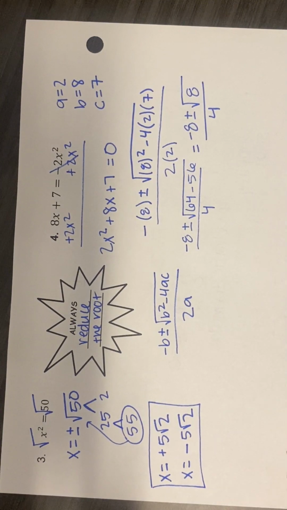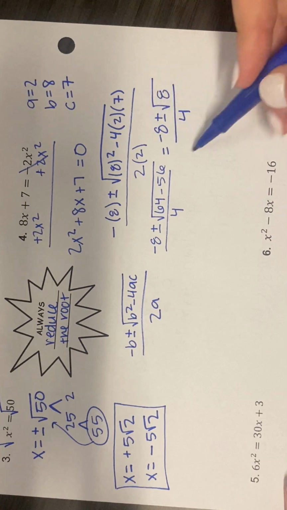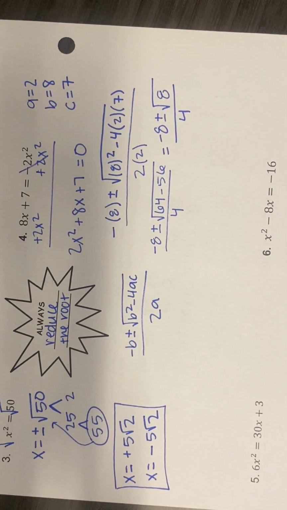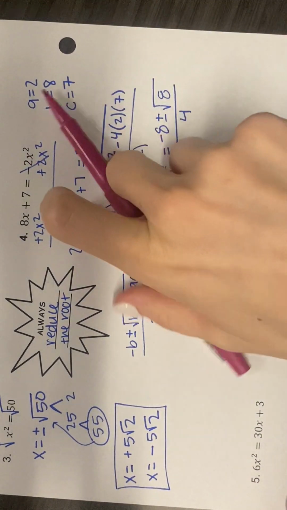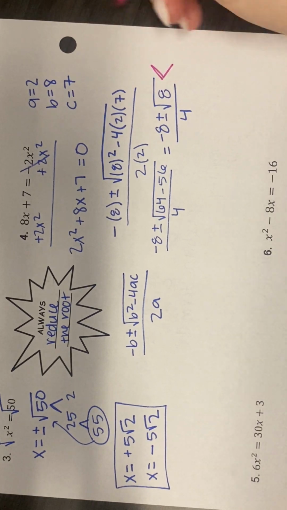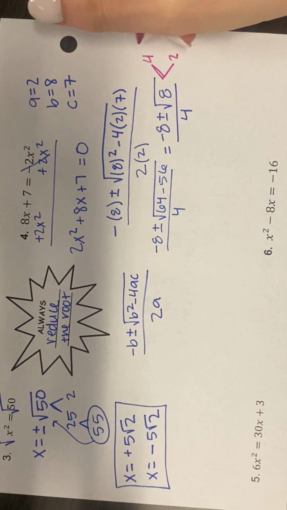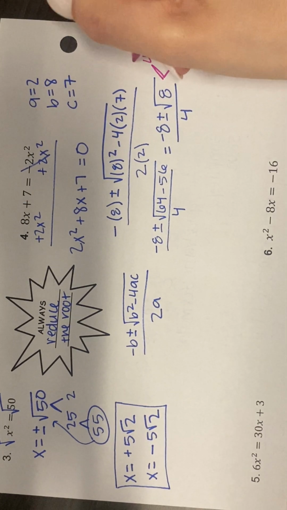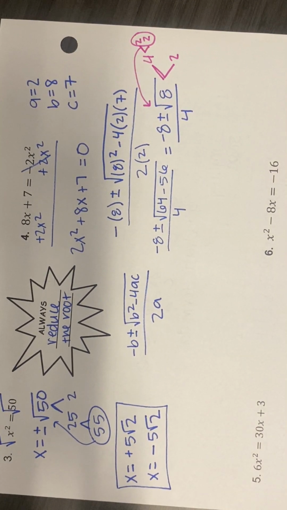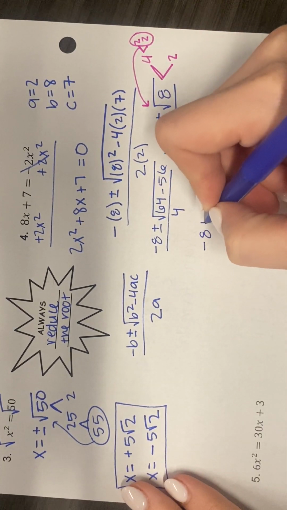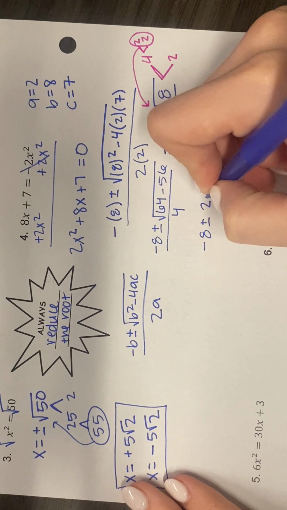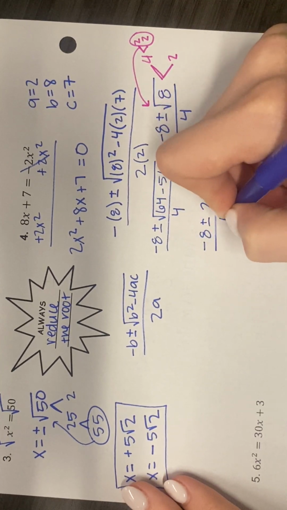Okay, personally what I'm going to do now is I noticed that I can break down this root 8. So this root 8 is going to break down to 4 and 2, and then this breaks down to 2 and 2. And we know that twins go on the outside, right? So this is actually going to be negative 8 plus or minus 2 root 2 over 4.